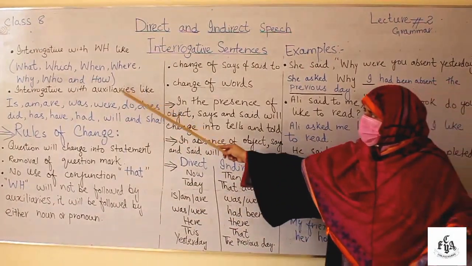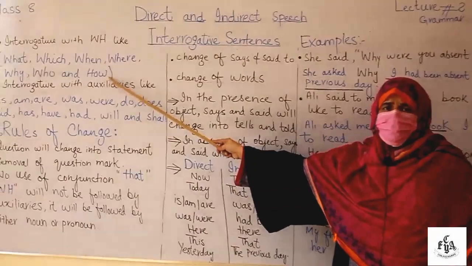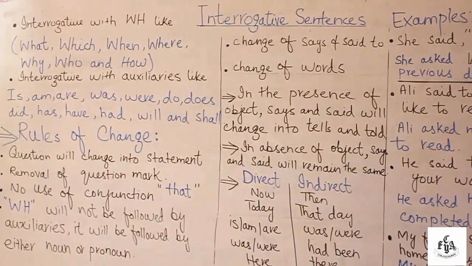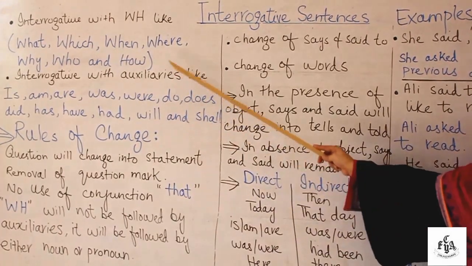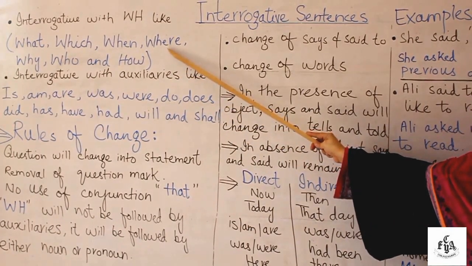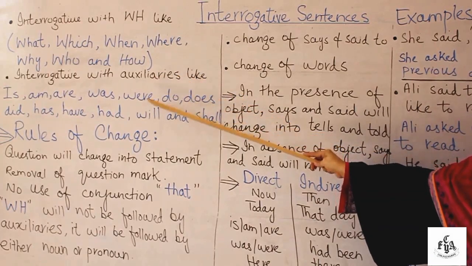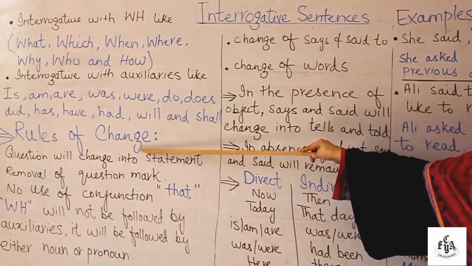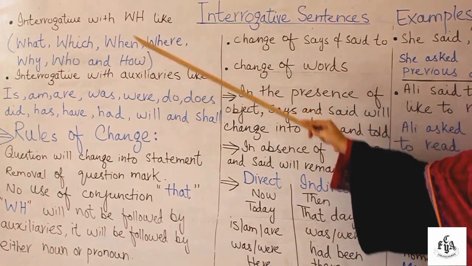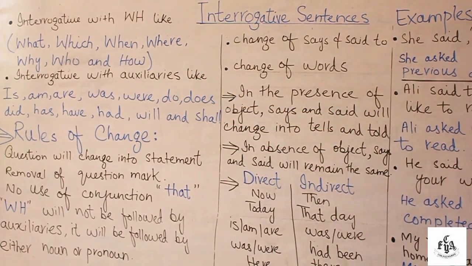Now you will ask me that how is not WH, but how is a part of WH. We are going to discuss first interrogative with WH, and then the rules of change. We have another type, which is interrogative with auxiliaries.